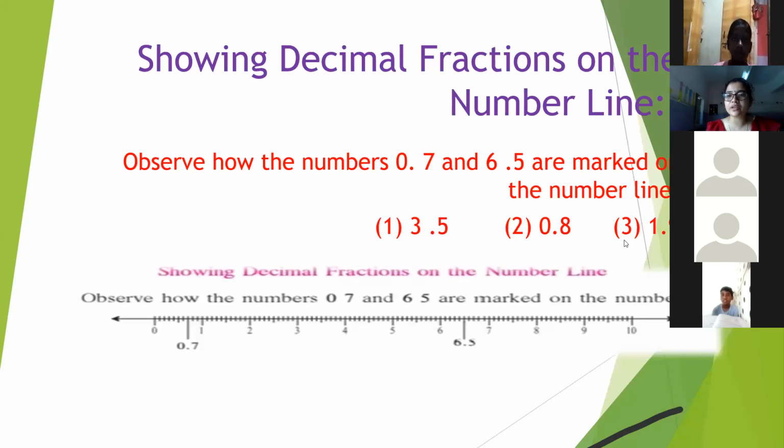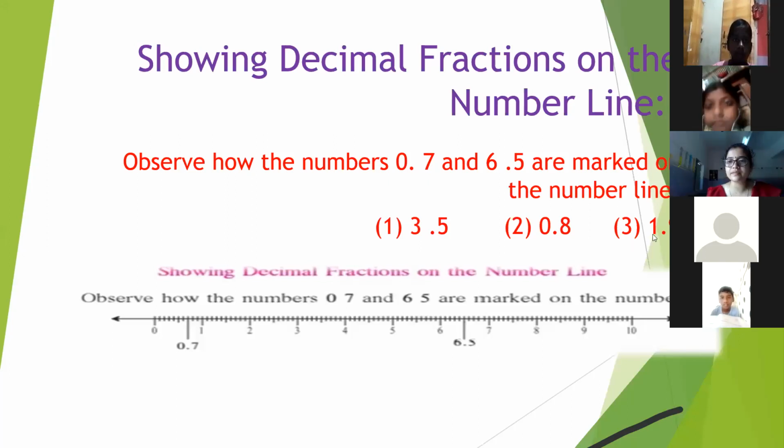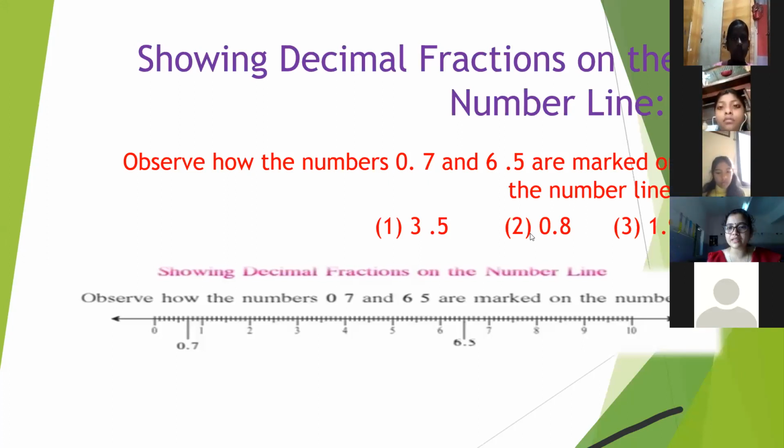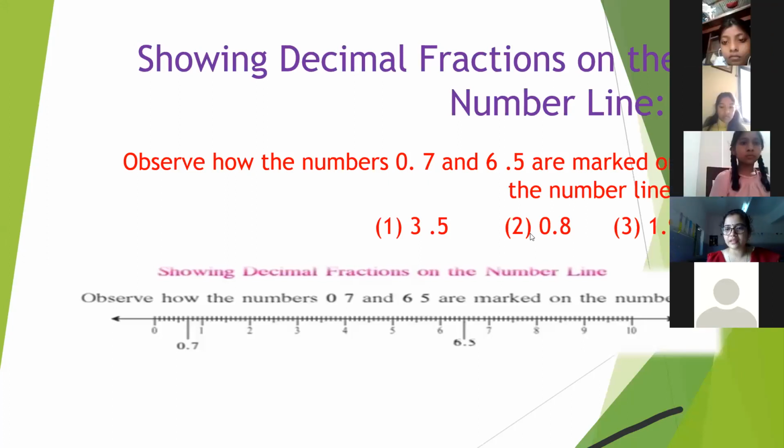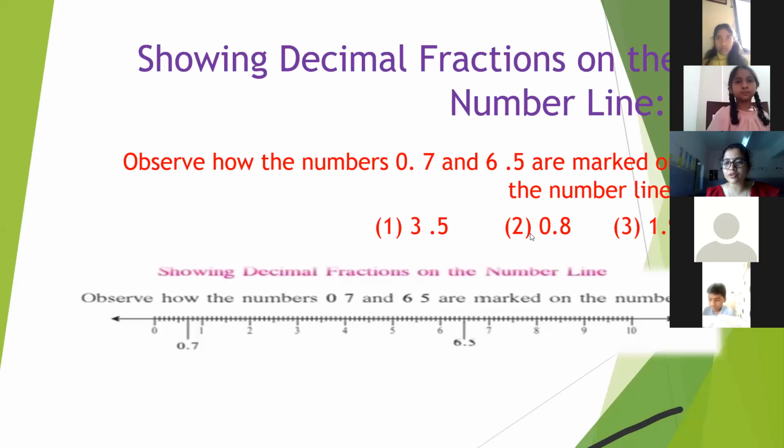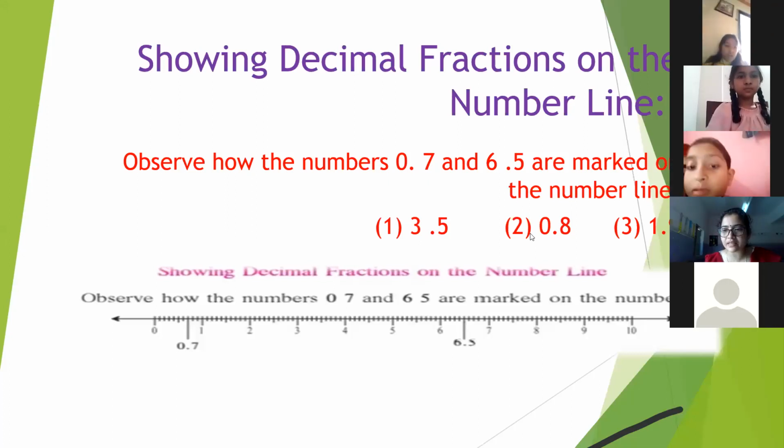Then read the third one. What is written here? 1.9. Aditya, unmute yourself and tell me the answer. Miss, it will be 1.